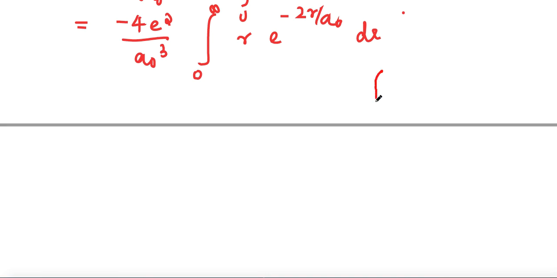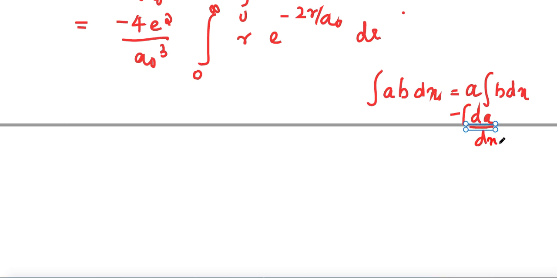We know that the integral of a product a b dx equals the first function into the integral of the second, minus the integral of the derivative of the first into the integral of the second, dx. Applying this here, we get minus 4e square by a0 cube.